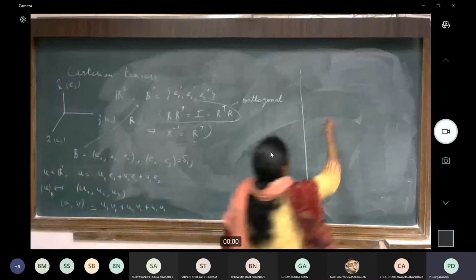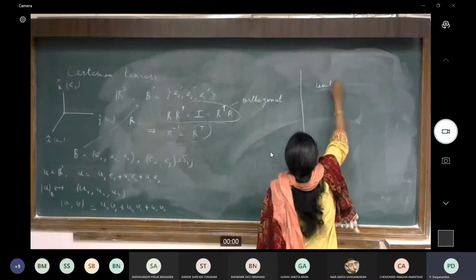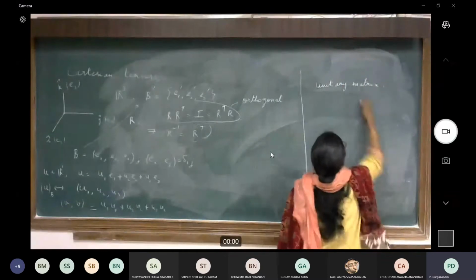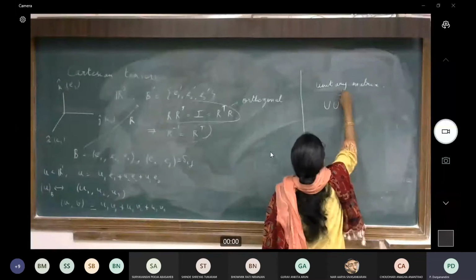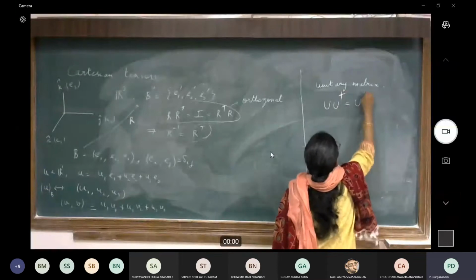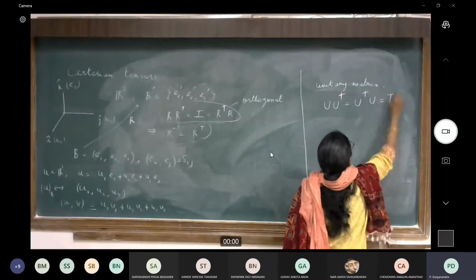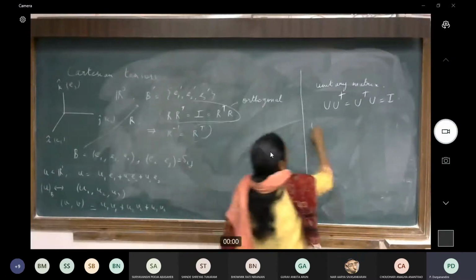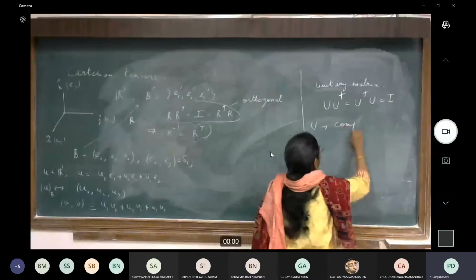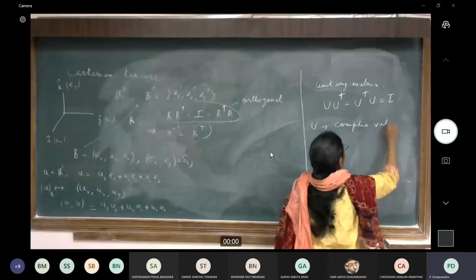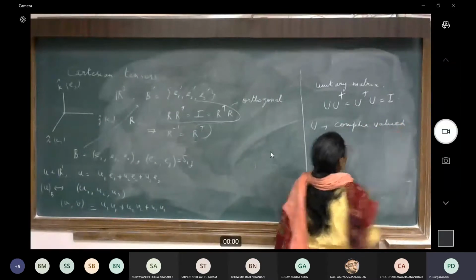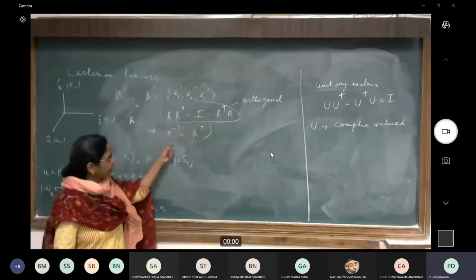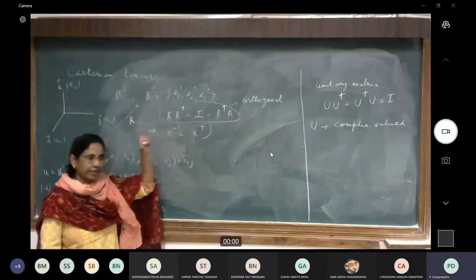Now the definition of a unitary transformation or a unitary matrix, I'll write it in the form of a matrix, is the following: U dagger U equals identity. So it's again a square matrix, but now your U is a complex valued matrix, which means the elements of the matrix U are complex numbers. For example, a 3 by 3 real matrix has 9 real elements.